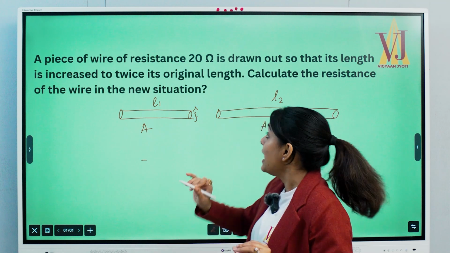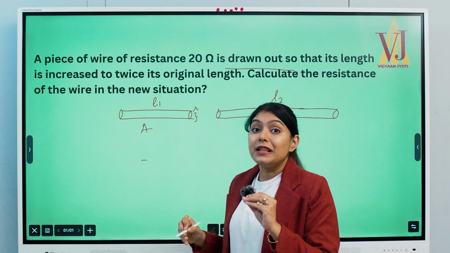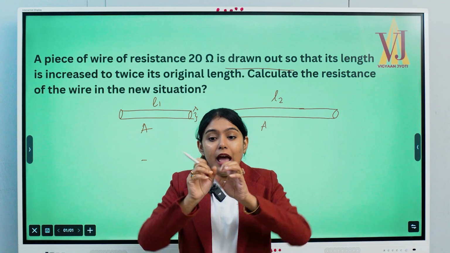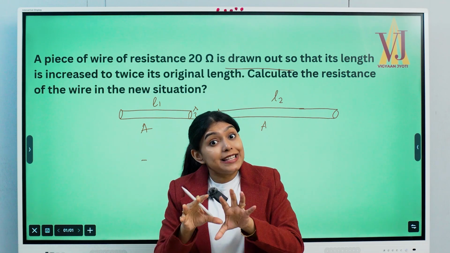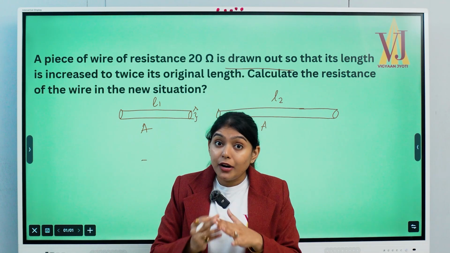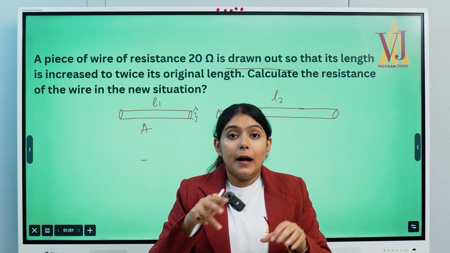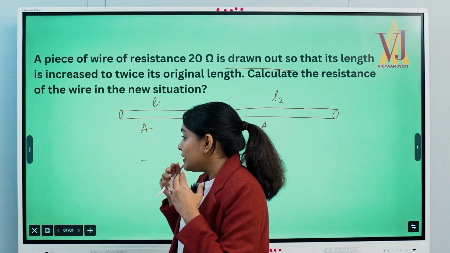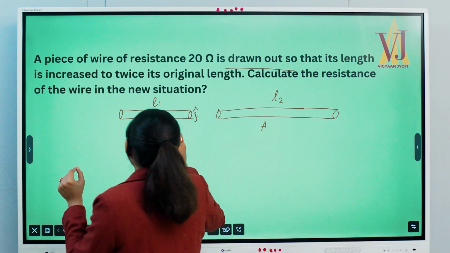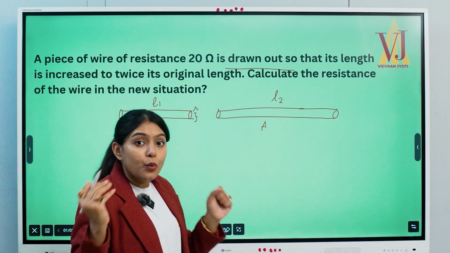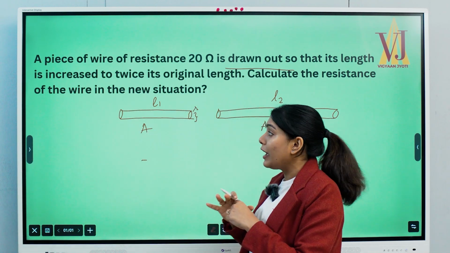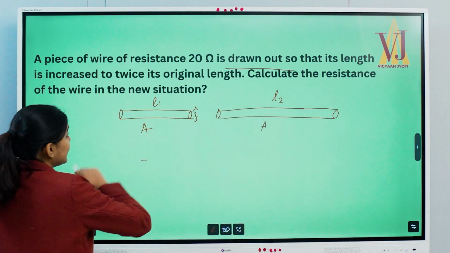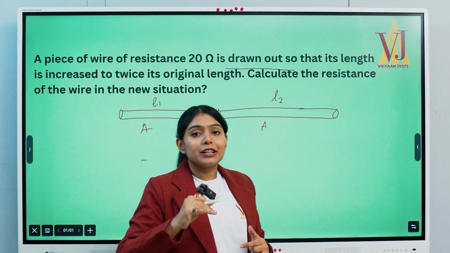This question says it is drawn out. Drawn out means you take a dough of, let's say, this much length, and you just try to pull it with the same amount. You are not taking any new wire, or even segregating the piece of dough that you have already received. In this scenario, you are not allowed to attach or cut anything.